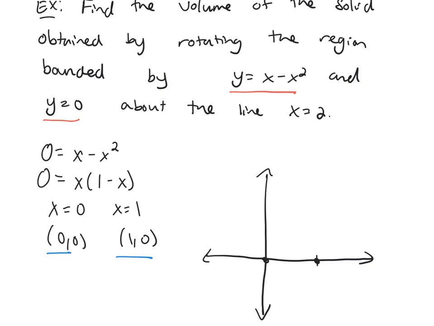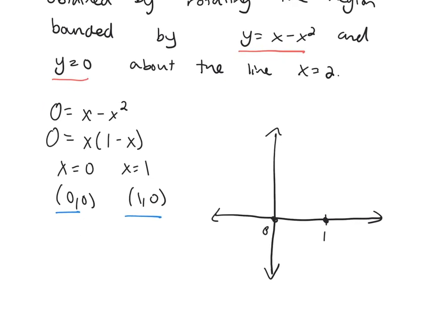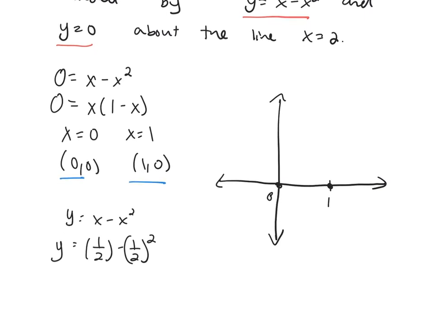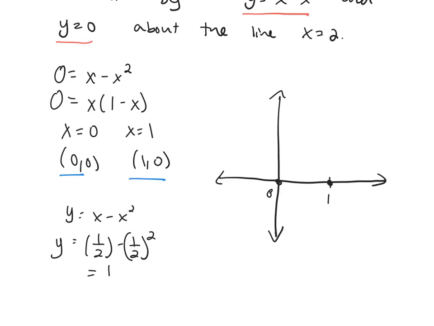I need one more point for a parabola. So plug a number between 0 and 1 into your function to get another point. Looking at the equation y equals x minus x squared, let's plug in 1/2. You'll get 1/2 minus 1/4, or just 1/4.